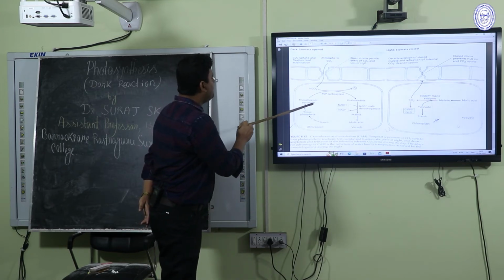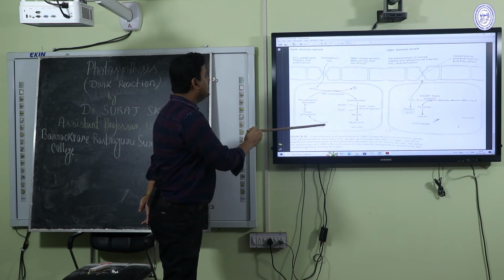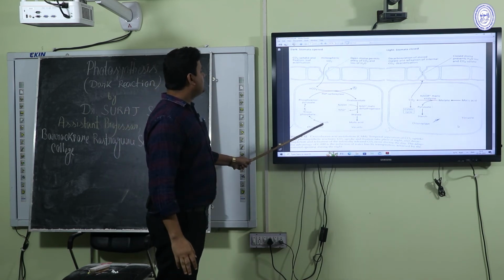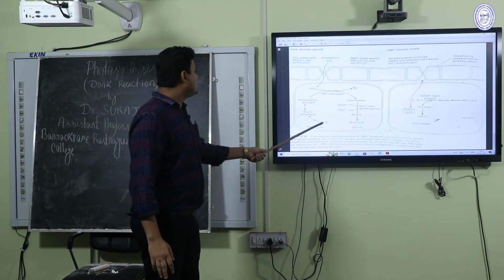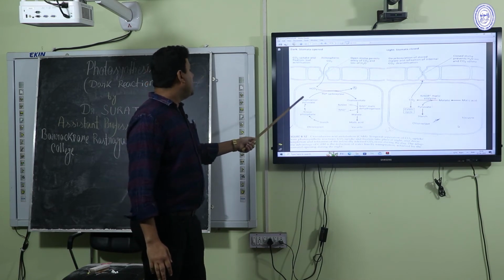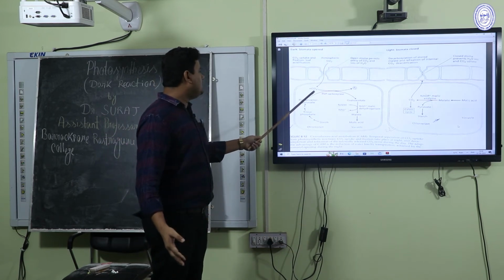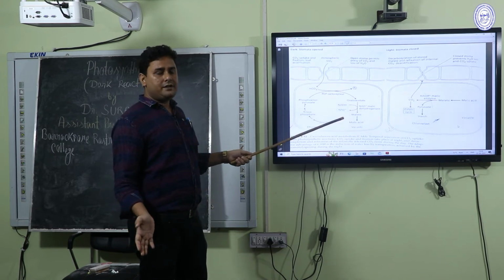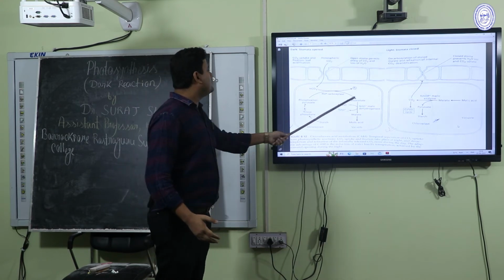Now, from where did this phosphoenolpyruvate come? In the chloroplast, by various biochemical mechanisms, starch will be converted into phosphoenolpyruvate. This phosphoenolpyruvate will accept atmospheric CO2, and with the help of phosphoenolpyruvate carboxylase enzyme, it will produce oxaloacetate.